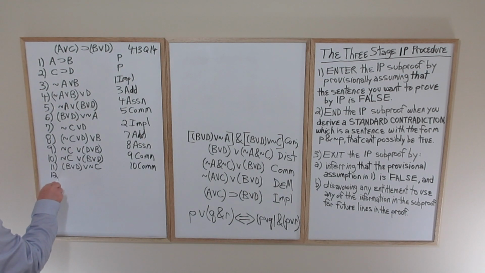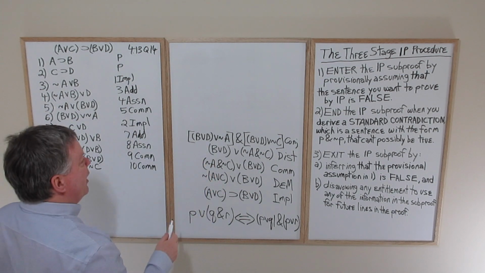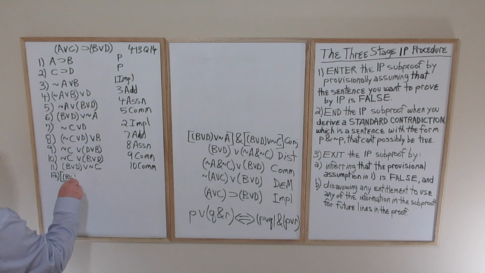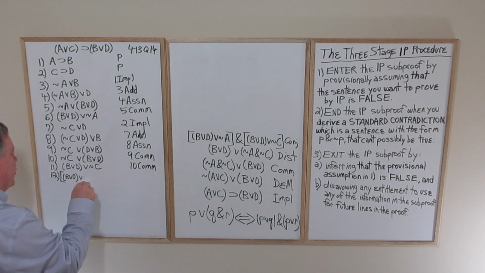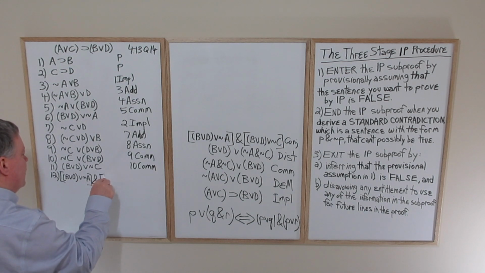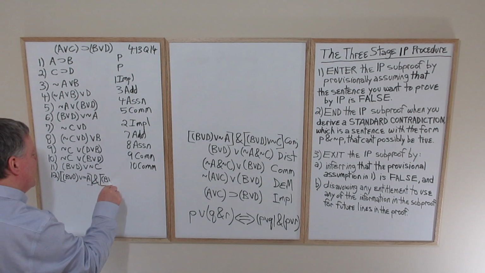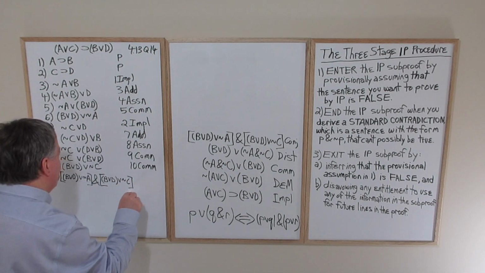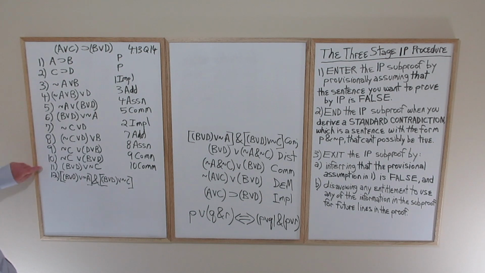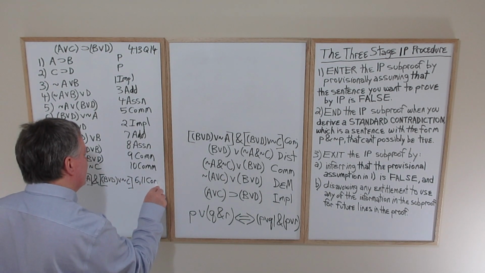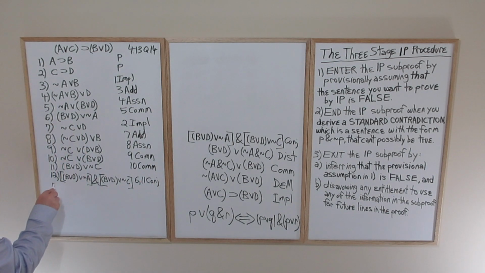So having planned this out in advance, line 12 of the proof will just be B or D or tilde A and B or D or tilde C, which is just 6, 11 conjunction.